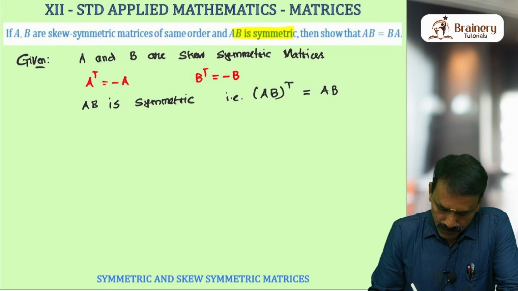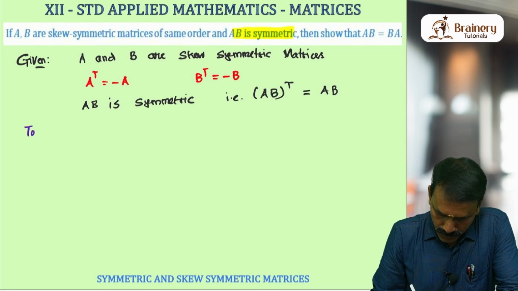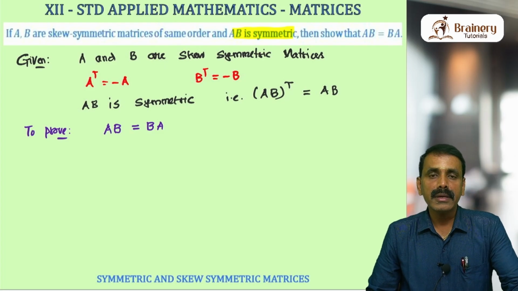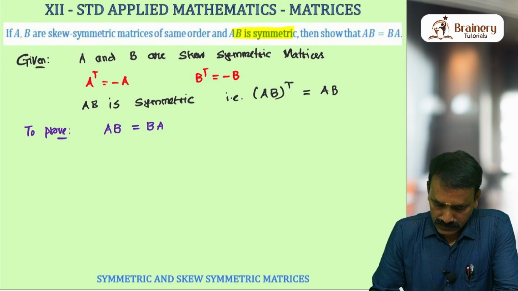What are we supposed to prove? To prove AB is equal to BA. So we start.